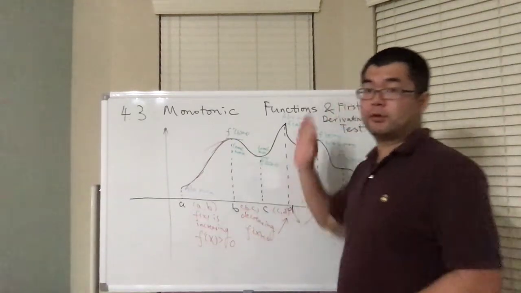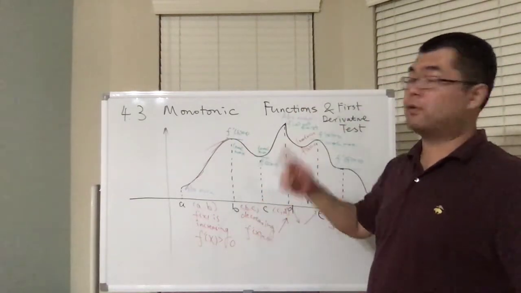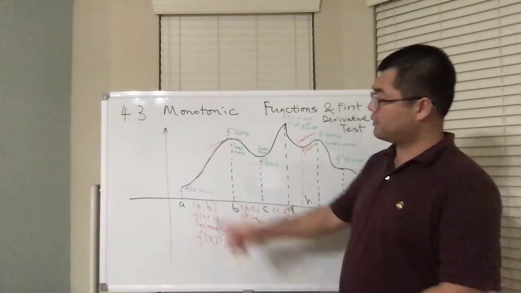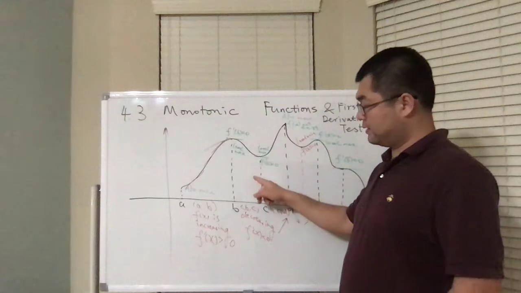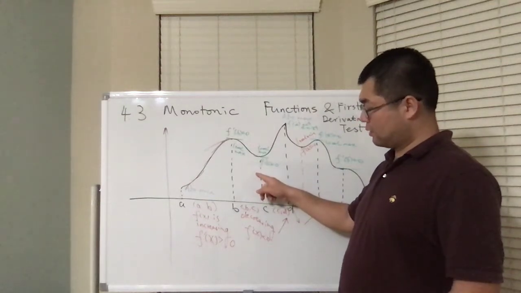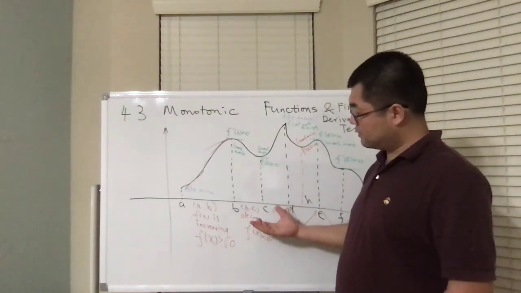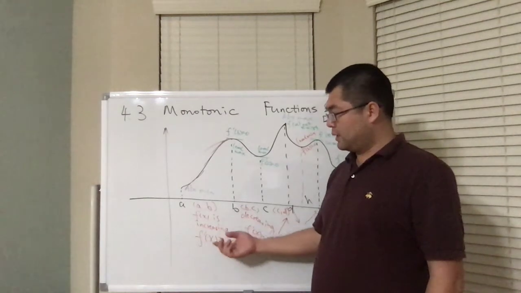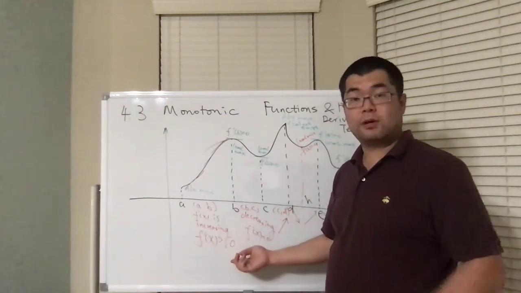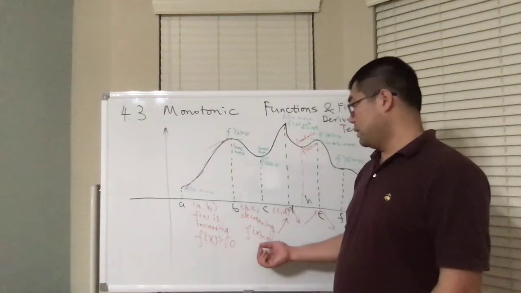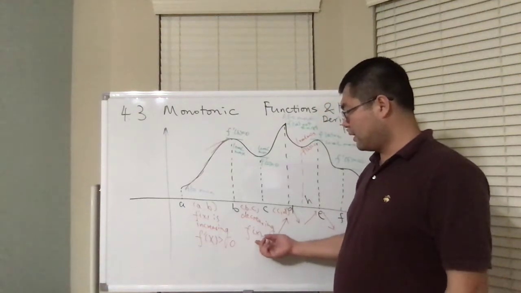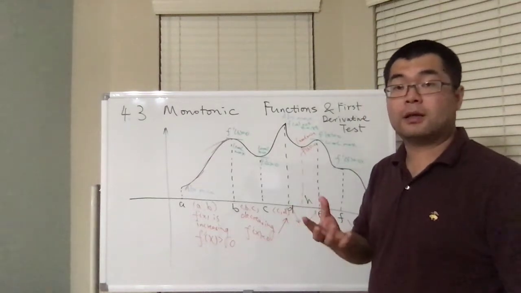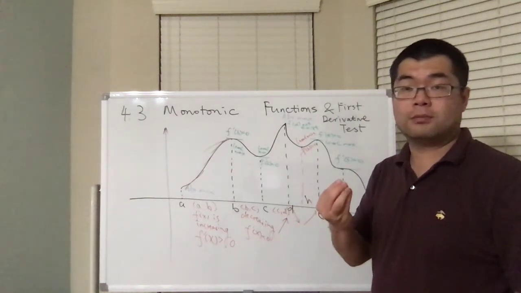So it's going up and going down, and it forms a local maximum. Mathematically, if on the left side of B the derivative is greater than 0, increasing, and then on the right-hand side f prime is negative, decreasing, then it's going to form a local maximum.